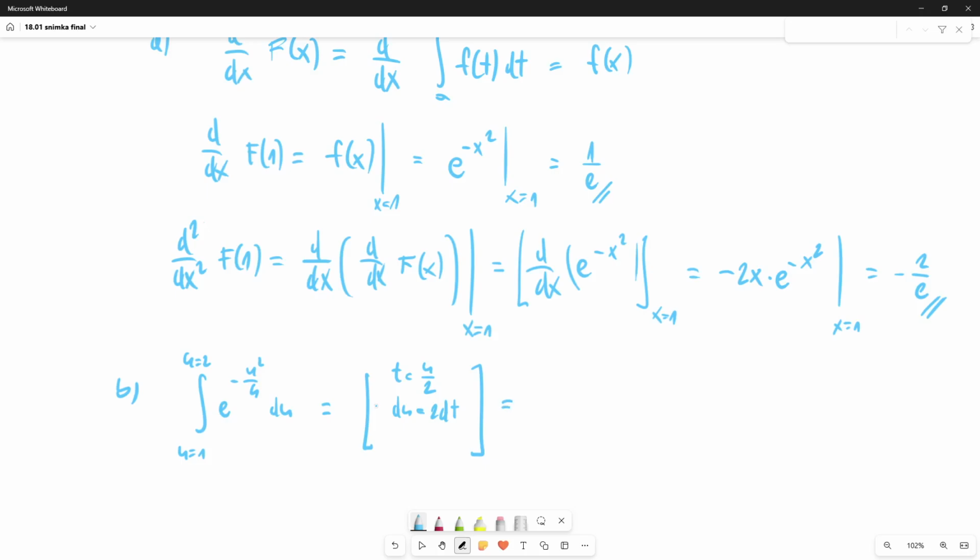So now we have to be careful with our boundaries. u was equal to 1, t is now equal to 1/2 for the lower bound, and for the upper bound t becomes 1. We have e to the power of minus t squared, but we also have this factor of 2.